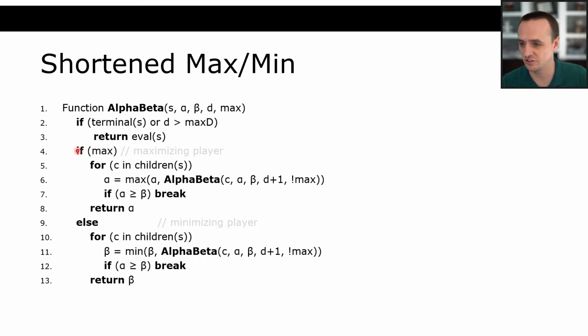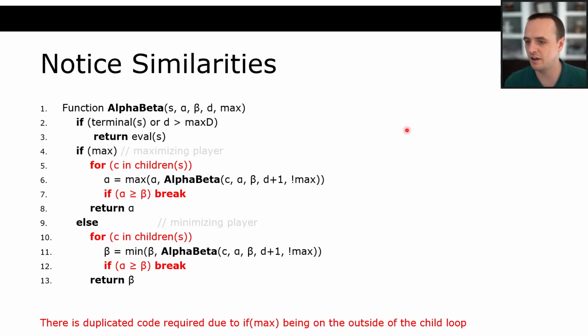Like before, I put the maximizing part in here and the minimizing part here. But just look at all these duplicate lines of code. I have a duplicate line of code here, and I have a duplicate line of code here. And really, the only difference is the following: I'm maximizing over alpha here, and here I'm minimizing over beta.